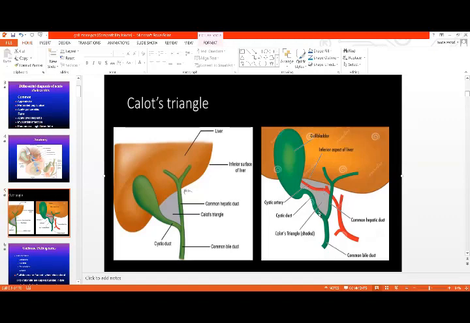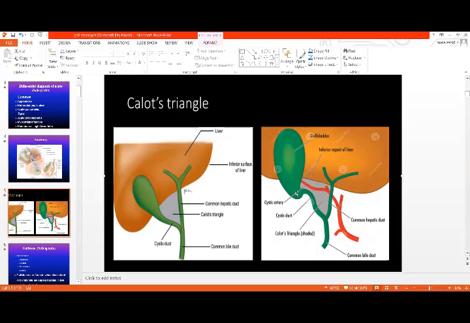Why apply 2 clips? Sometimes 1 clip can be loose. You don't want bile leakage, so apply 2 clips instead. Make sure they are secured enough. Okay, during laparoscopy, clips, divide in the middle, and remove the gallbladder.